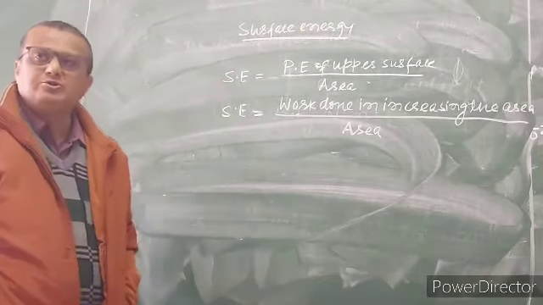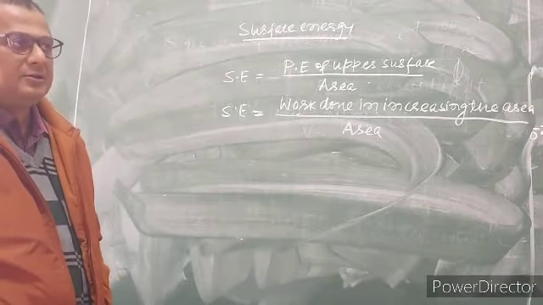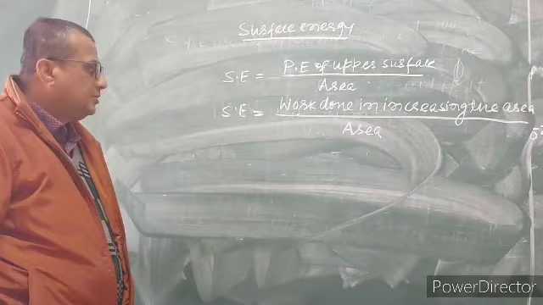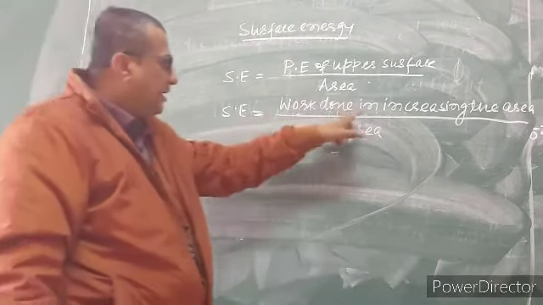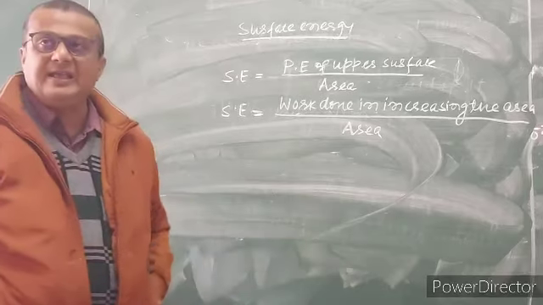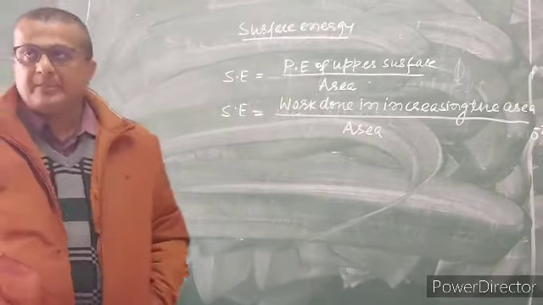The unit of work is joule, so work done is in joule and area is in meter square.